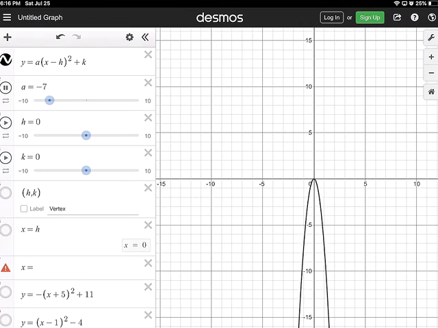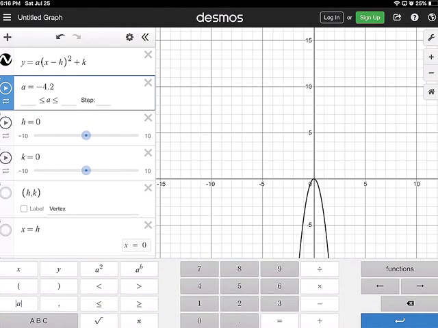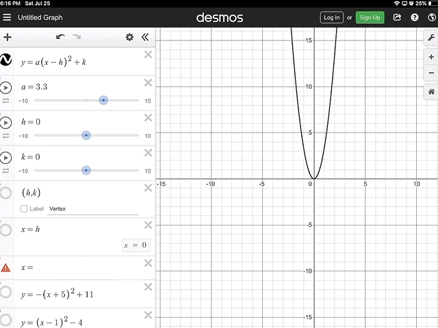So when our value of a is negative, as I paused it right now, then your parabola opens down. And in the middle is our highest point. That's our maximum value. Okay? If our a value is positive, then that middle point, which we call the vertex, that middle point is a minimum value.